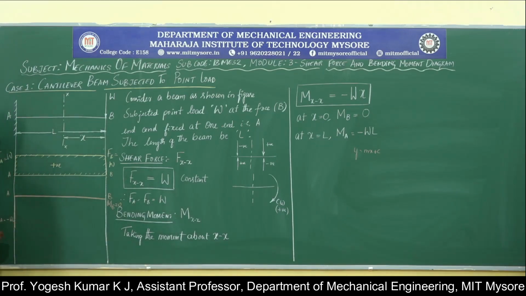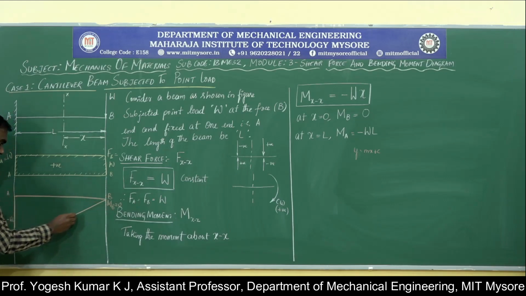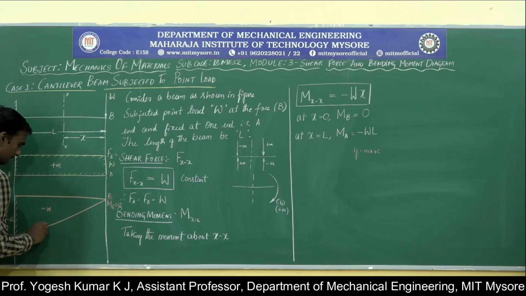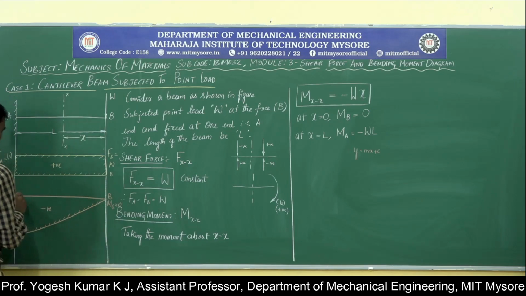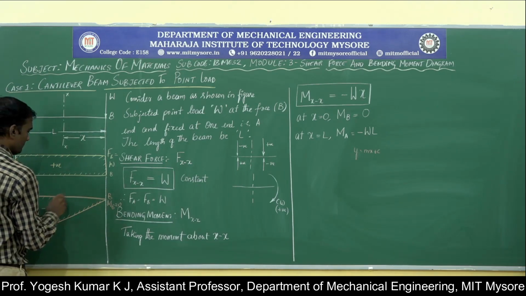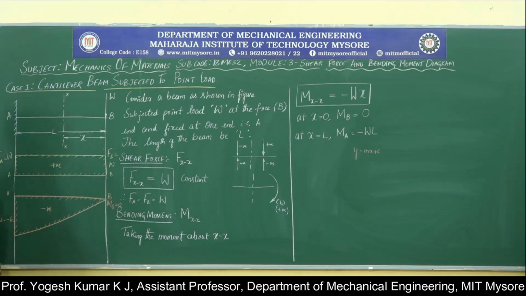So we have MA equals minus WL, MB equals 0. These two will be connected with the help of a straight line, and this value is negative. This is the region where the bending moment is concentrated.